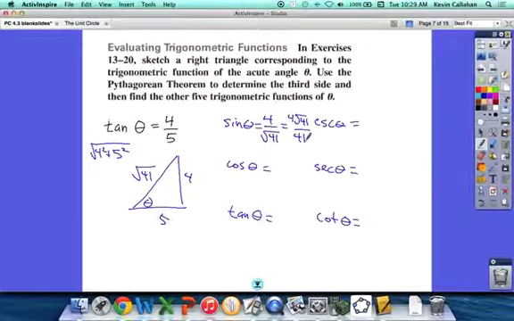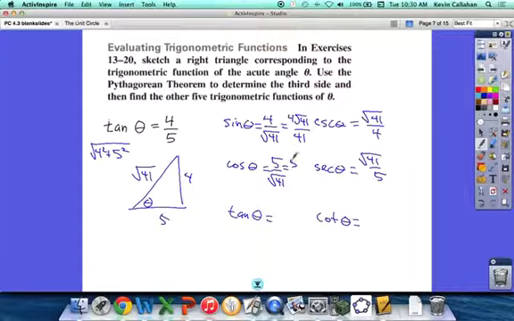Okay, what is the cosecant? It's the flip. Don't use that one. Use this one and flip it. Root 41 over 4. The cosine will be adjacent over hypotenuse. 5 over the square root of 41, which means this will be root 41 over 5.